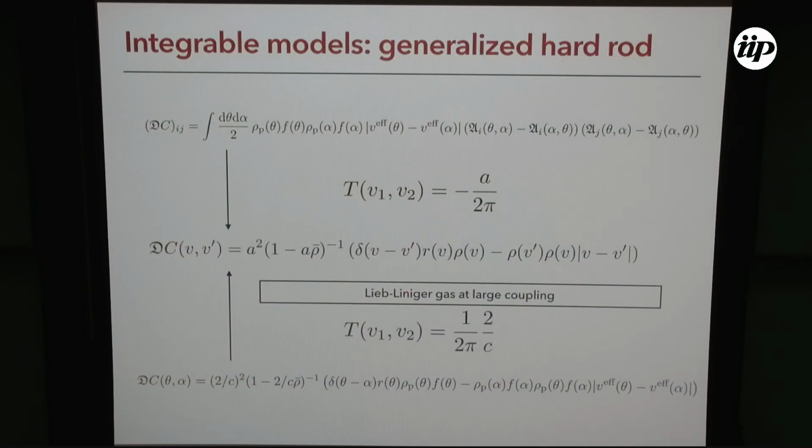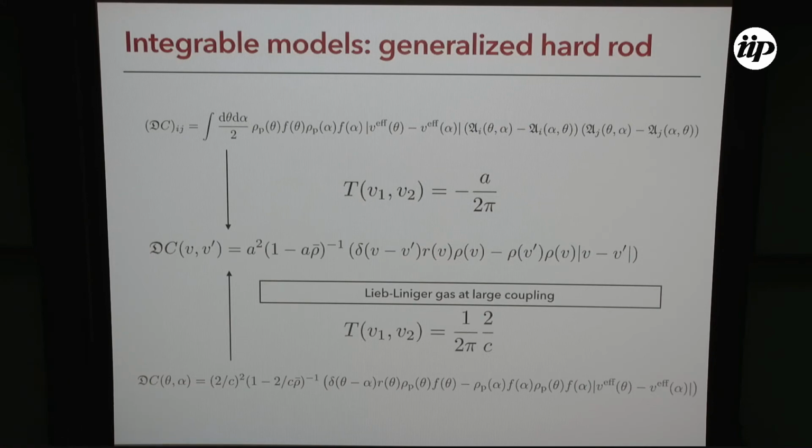If you take it to infinity, it's just equivalent to a free fermion model. If you take it to order 1 over c, the scattering kernel becomes just a constant, like a hard rod gas, and the diffusion operator becomes exactly the same as the one for a hard rod gas.